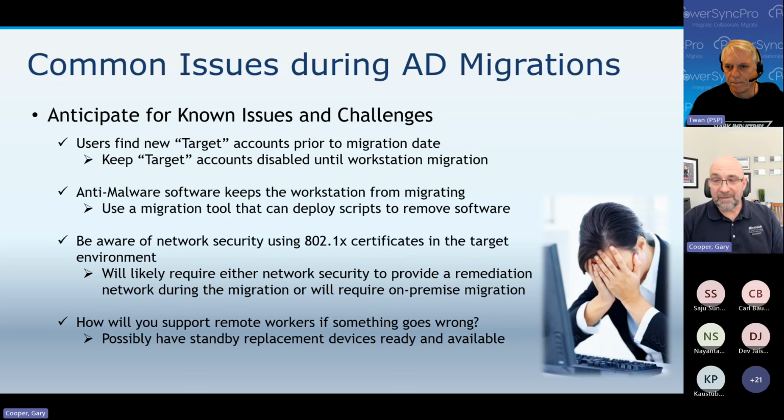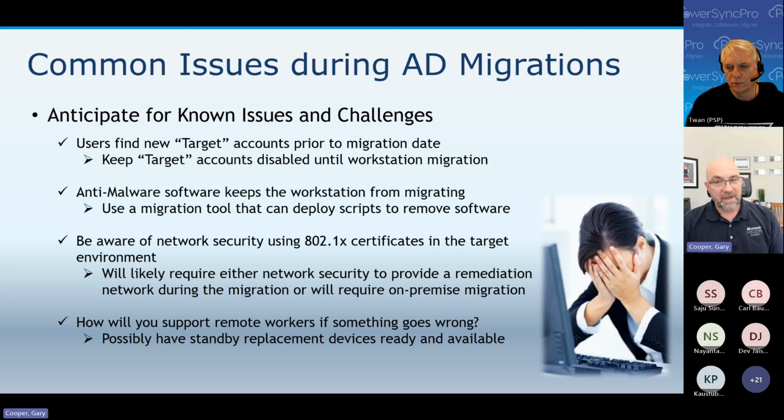Be aware, we've run into this a few times as well. If the target network environment uses 802.1x certificates from their internal PKI, frequently those certificates are assigned as an Active Directory process in the target Active Directory. But how would that machine get that certificate if it's not yet in the directory, but yet it's trying to be on the network?